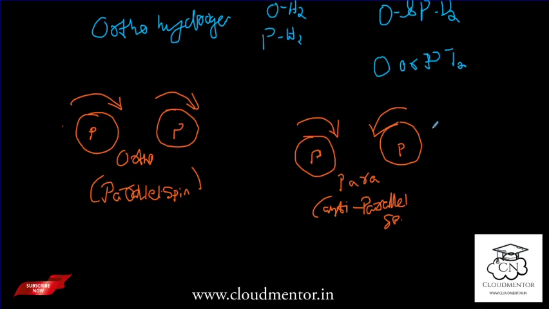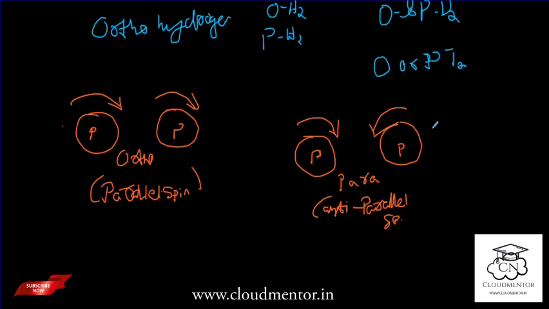At room temperature, these are in dynamic equilibrium, with the equilibrium mixture containing 75% orthoform and 25% paraform. On decreasing the temperature, the quantity of paraform increases. Thus parahydrogen is favored at lower temperature.